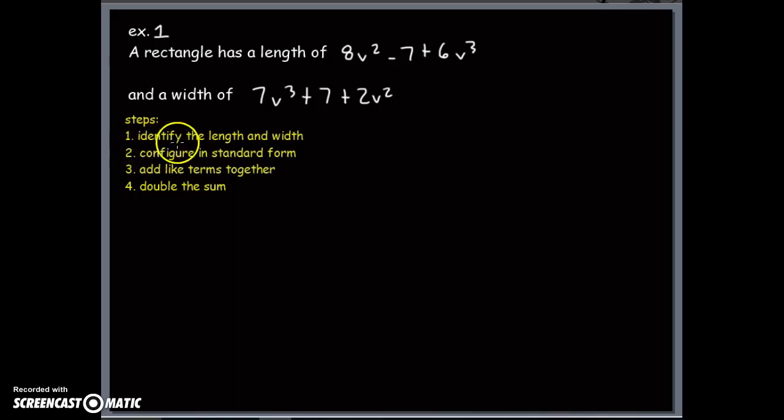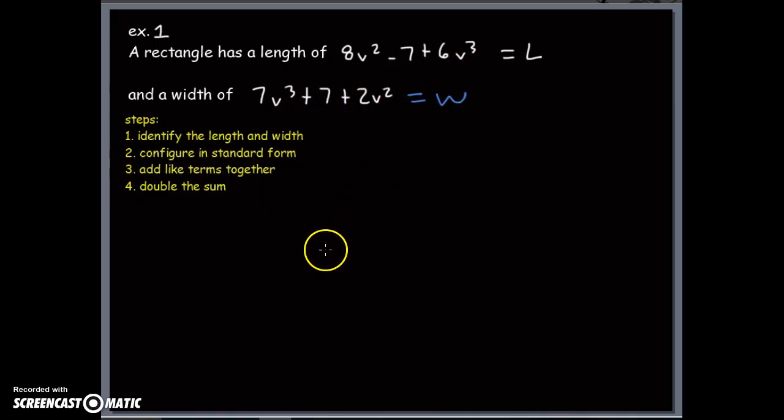So let's go ahead and identify what the length and the width are. The length here is this, obviously this top one, and the width is this polynomial right here. The second step will be to put each of these in standard form.